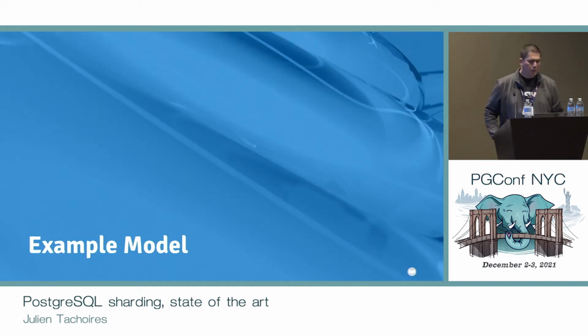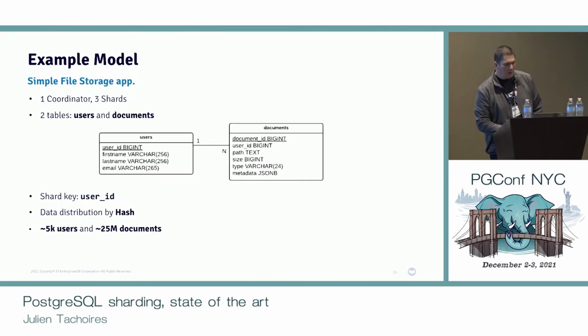So before going further, let me show you the database model used to highlight some of the key features of built-in sharding. We are going to use a pretty simple architecture composed of one coordinator node, 3 shard nodes, and 2 partitioned tables.